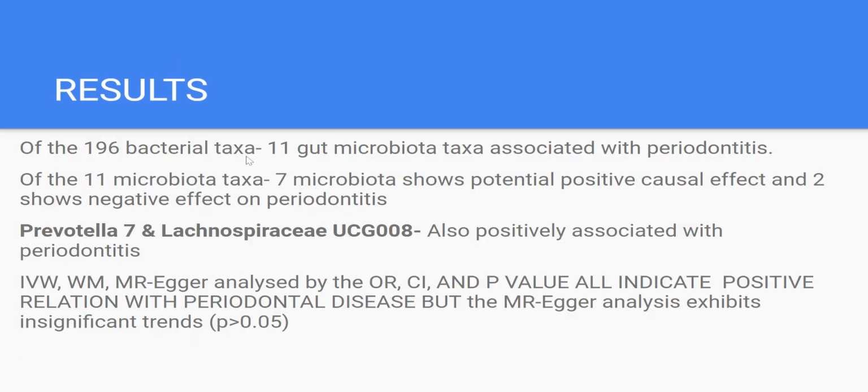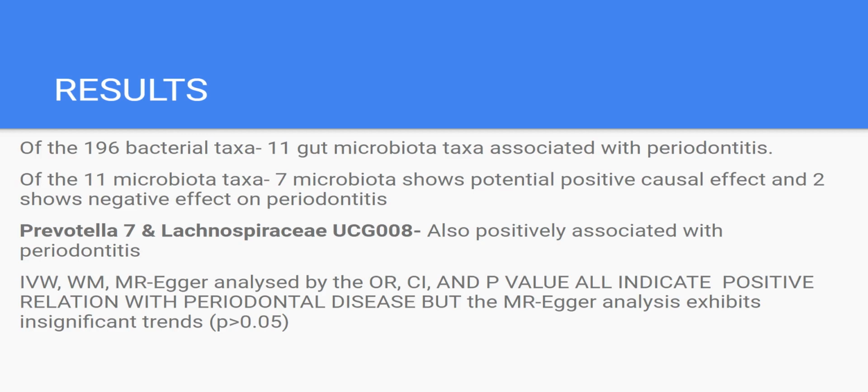Of 196 gut microbiota taxa, only 11 gut microbiota taxa are associated with periodontitis. And out of 11 microbiota taxa, only 7 show potential positive causal effects. That means they were increasing the risk of periodontitis, and 2 of them were negative effects, that means they were decreasing periodontitis and they were good.